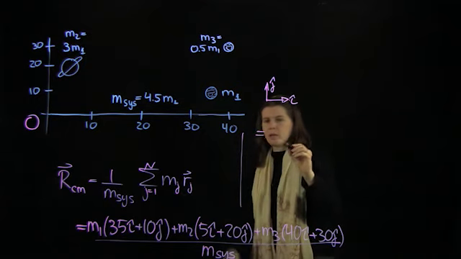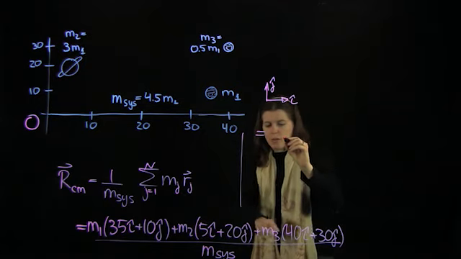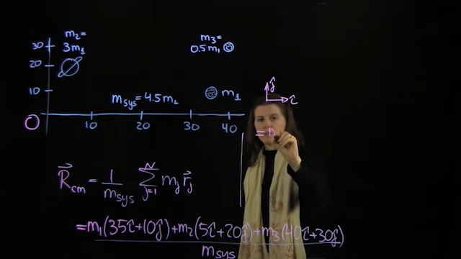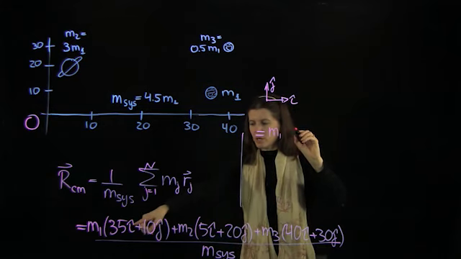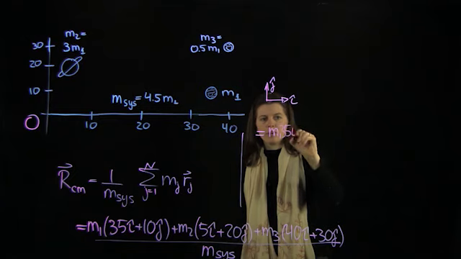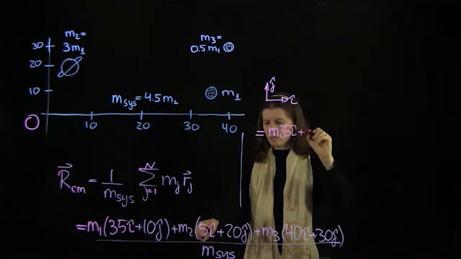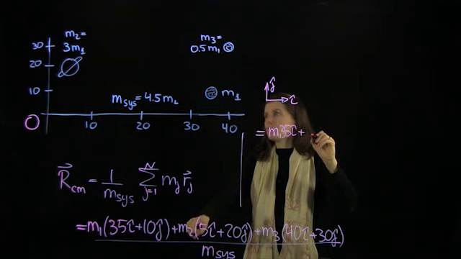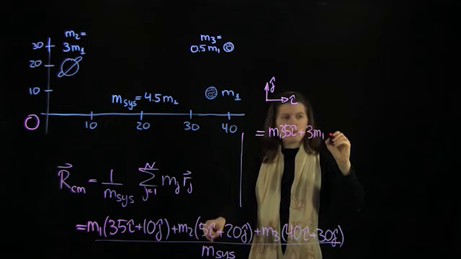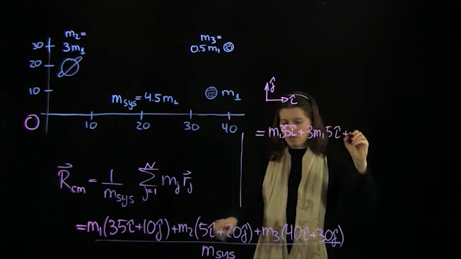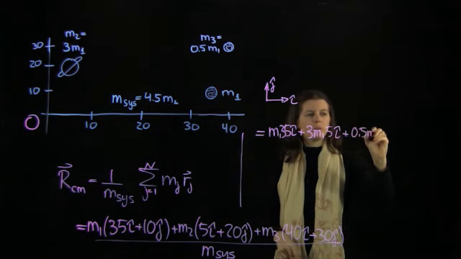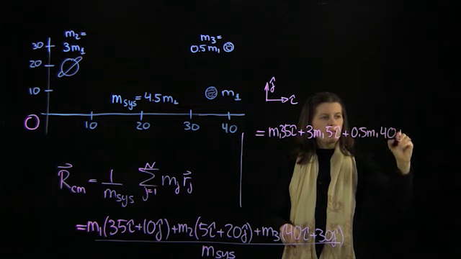So we're going to have, and we can plug in all the m's. We'll do the x component first. We're going to have m1, and then we have 35 I hat plus, here we're going to have m2, that is 3 m1, 5, plus, and for m3, we have 0.5 m1, 40.